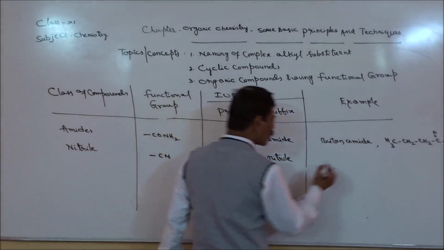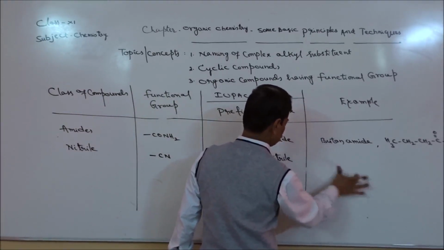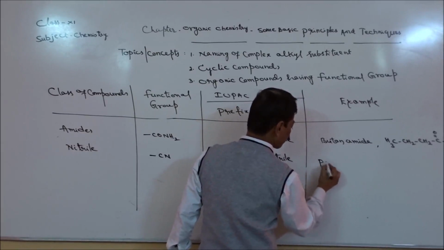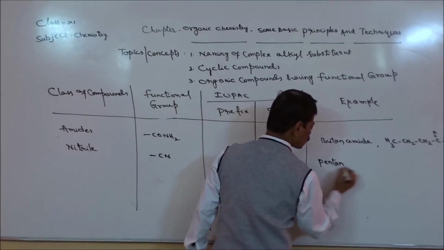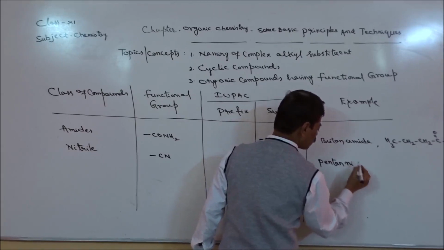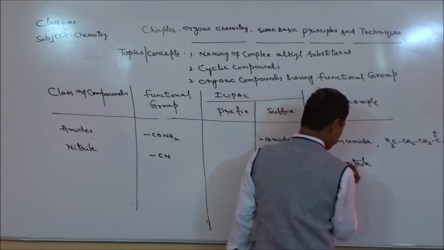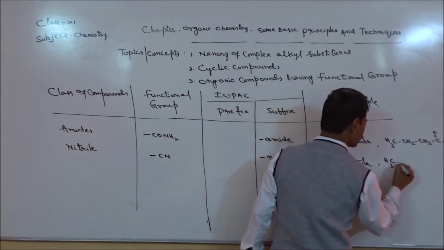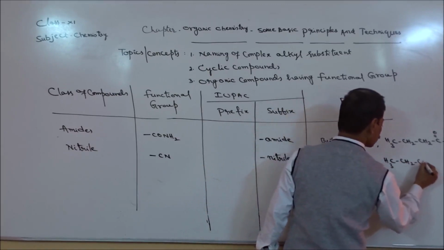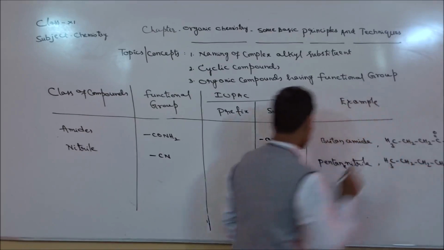And that compound can be like this: pentanenitrile. Pentanenitrile. And it is CH3, CH2, CH2, CH2, CN. 1, 2, 3, 4, 5.